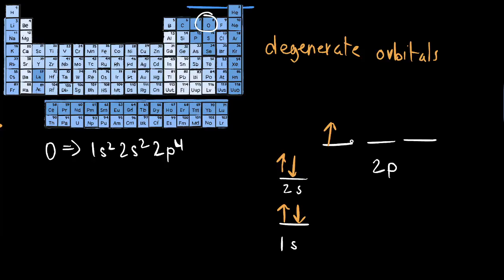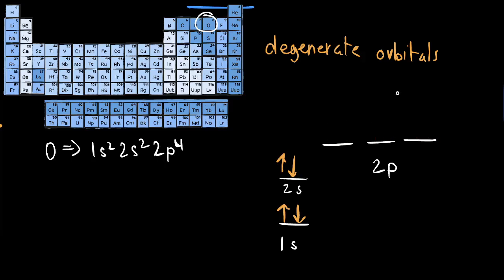What that means is, let me just demonstrate. The way that you would fill this up correctly is you would add an up electron, then an electron with up spin, and an electron with up spin. So all electrons here, you're going to fill up having the same spin. It's called parallel spin. Once you add an electron to each of the orbitals, if you still have more electrons to add, you would go back and then go down, down, down, in that sort of fashion.